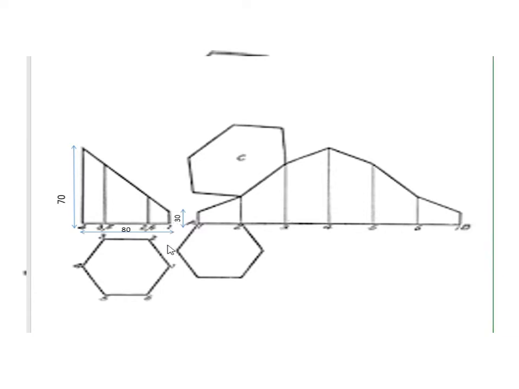So for this shape, you start from the plan. First of all, draw your hexagon. The hexagon is the plan. So draw this hexagon. You start by using your diameter 80, and then produce this hexagon.